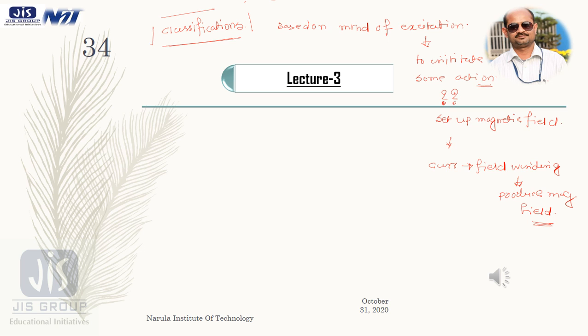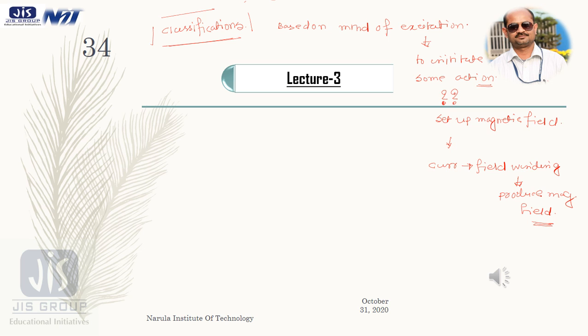That means the field system is in the stationary part of the machine, which is called stator. Therefore if a DC current is passed through the stationary field winding, wound around the main poles, a stationary magnetic field can be produced.